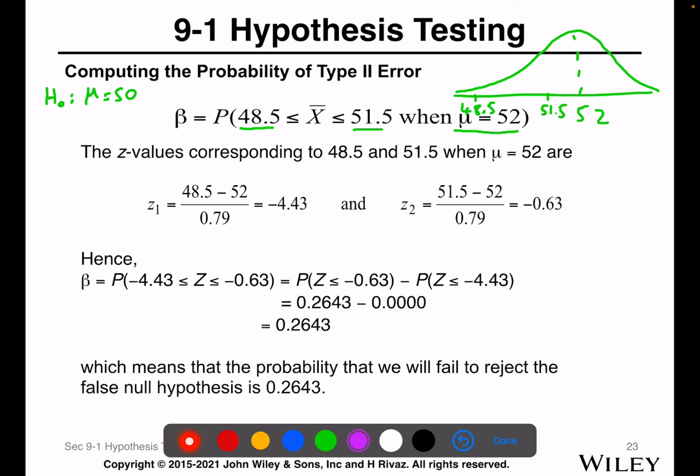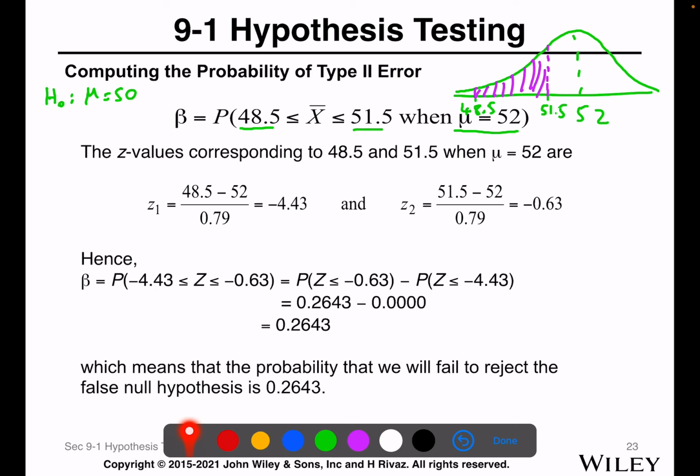So basically, we are interested in this area under the curve, right? So that's type 2 error. So basically, I will repeat what is going on. My product has an average weight of 52 grams.